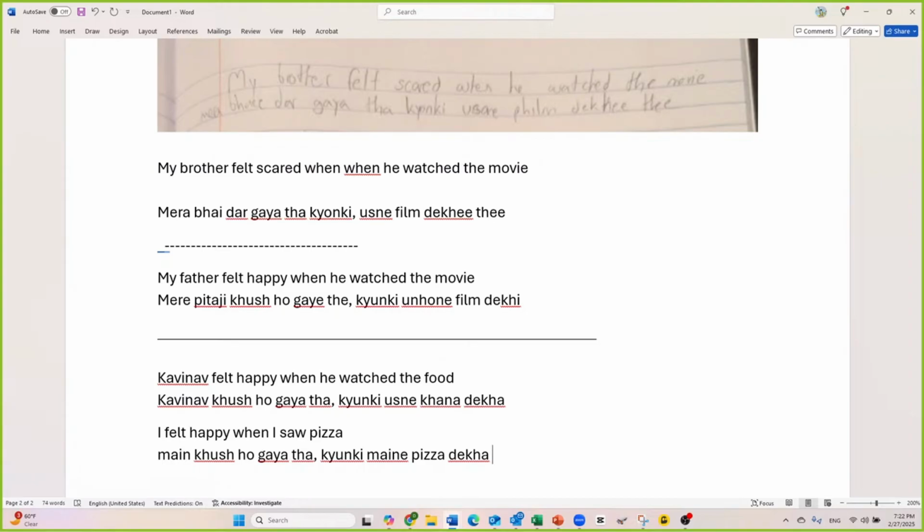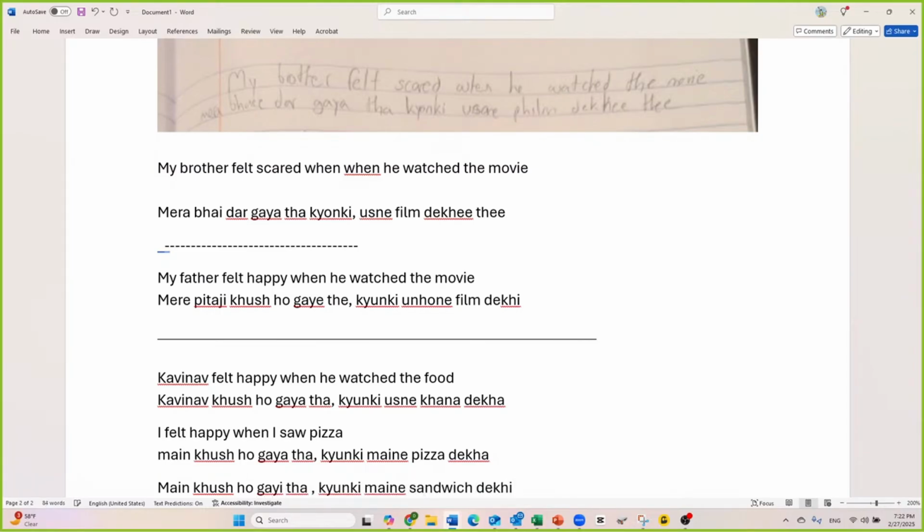Okay, Anisha, what food do you look at and you feel happy? Don't use pizza, use something else. Sandwich. So tell me, I feel happy when I see a sandwich. How do you say that? मैं खुश हो गया था क्योंकि मैं, oh no, my bad. मैं खुश हो गई थी क्योंकि मैंने सैंडविच देखी.